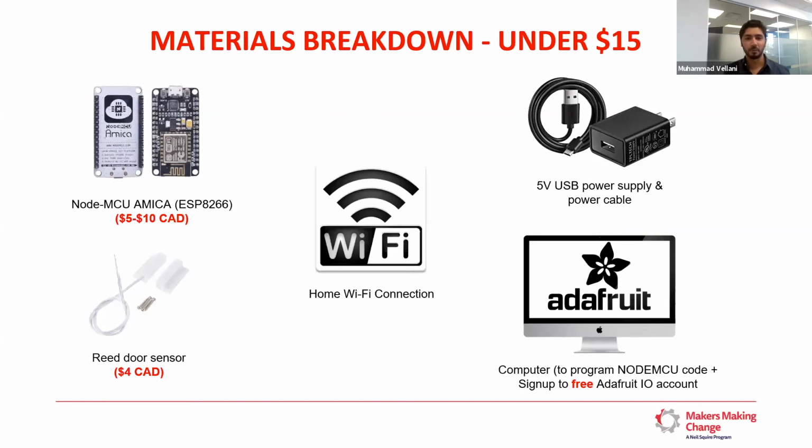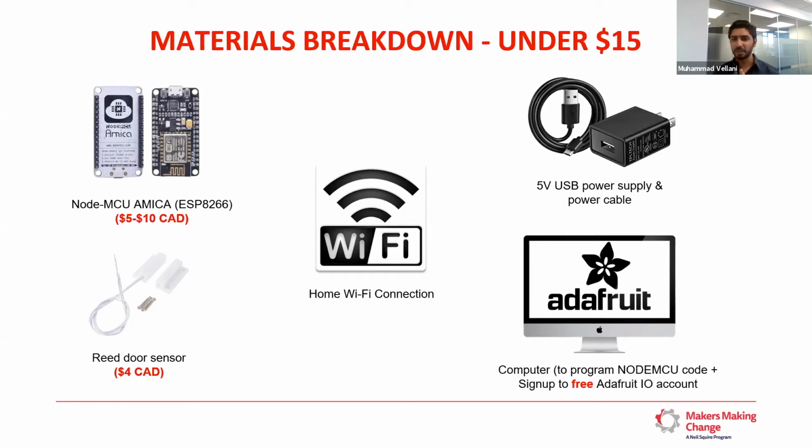Yeah. So before we go into how it works, let's talk about what you need to make it at home. For this device, the two most important things are on the left side of the screen. One is a NodeMCU Amica, and the second thing is a reed sensor.